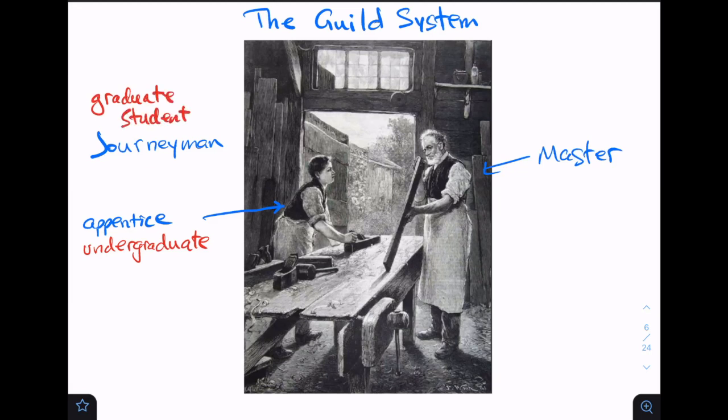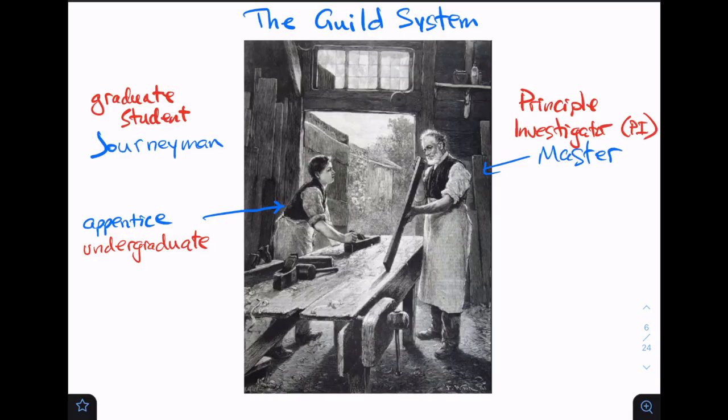And then you go off and you form your own lab, you get an academic position somewhere, do your own independent research. Usually that research is related to how you were trained as a journeyman, or maybe even how you were trained as an apprentice, or maybe you're going off to do something completely different. But either way, the master in the academic setting, this is what we call the principal investigator, or PI for short.